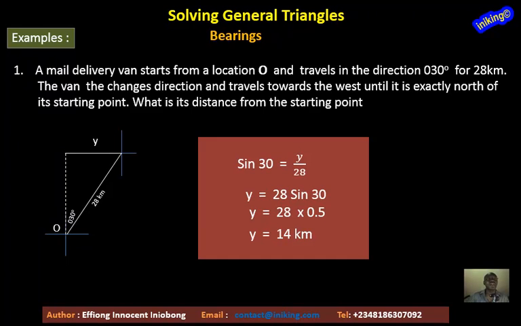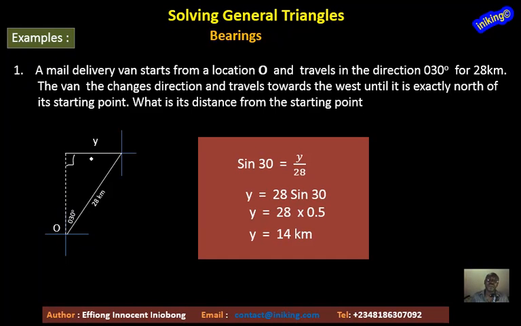Now looking at this triangle, we can see that at the beginning we have up to two sides known. We would have just applied Pythagoras Theorem, but in this case, no. While we were studying solving right angle triangles, we said that for right angle triangles we can either use Pythagoras Theorem or SOHCAHTOA, that is trigonometrical ratios, sine, cosine, and tangent.